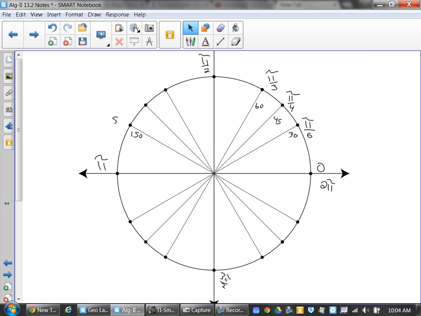Did I have to memorize that? No, because it's the same reference angle. If I start at pi and I have to go up pi over 4, I took a quarter out. So I'm at 3 pi over 4. If I came up pi over 3 off of pi, what am I left with? 2 pi over 3.